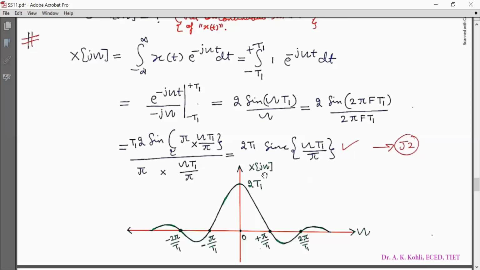Now I have plotted capital X(jω) with respect to ω. Here it is a sinc function, and the first null is obtained at Ω equal to π by T1, and at Ω equal to minus π by T1. The amplitude of the sinc function is 2T1.